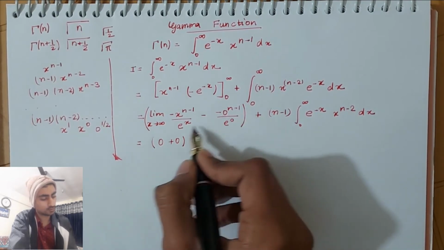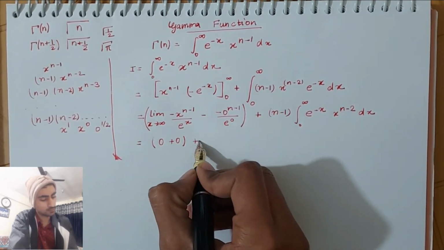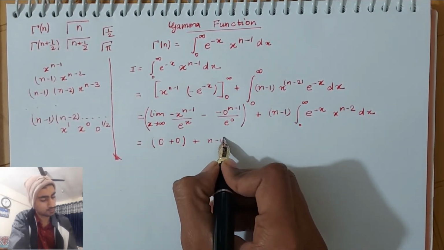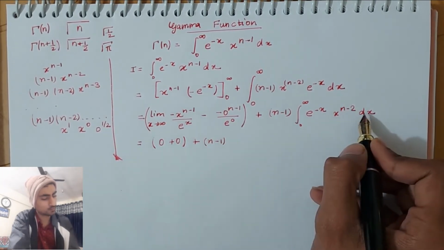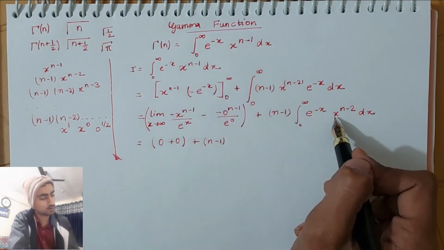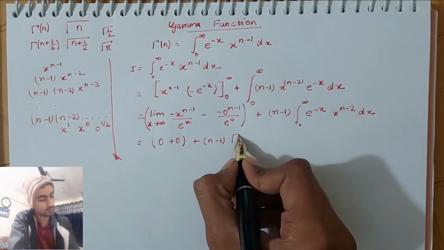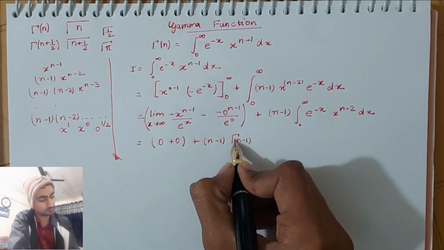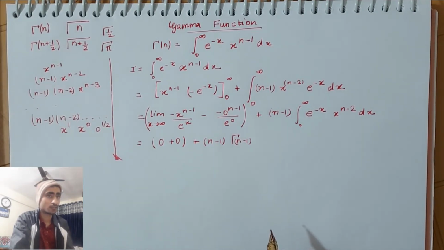This solves our first term, plus n minus 1 times the remaining integral. And as I already said, you might have known this: if we put it in the definition of gamma, we can write it as gamma of n minus 1.